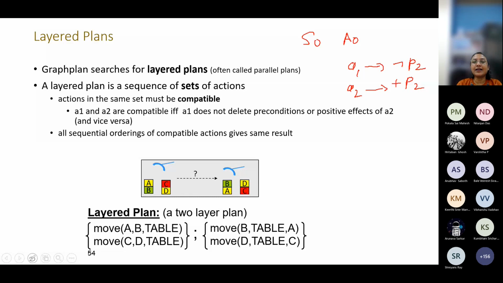Then A1 and A2 are not compatible. So there are two situations where A1 and A2 are not compatible. But if they are compatible, then all sequential orderings of the compatible actions give the same result. You can either perform A1 then A2, or A2 then A1, and the result will be the same. Is it okay?